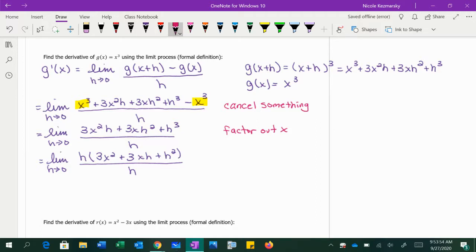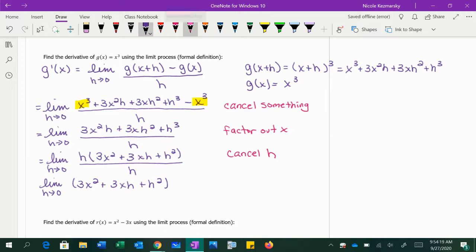So then our move is going to be to cancel h, because we've got an h in the top and an h in the bottom. So we're going to have the limit as h approaches 0 of 3x squared plus 3xh plus h squared.